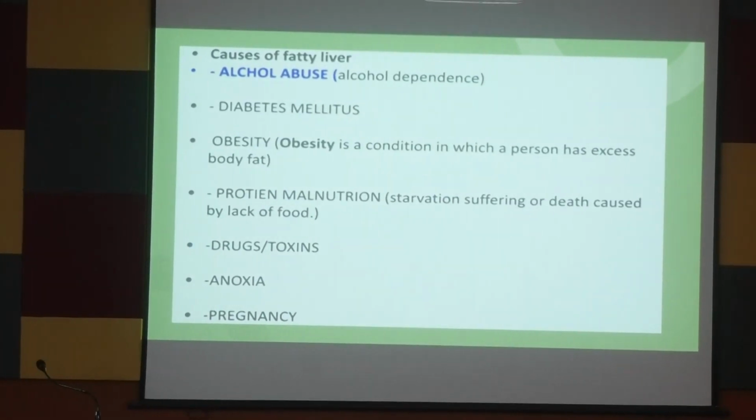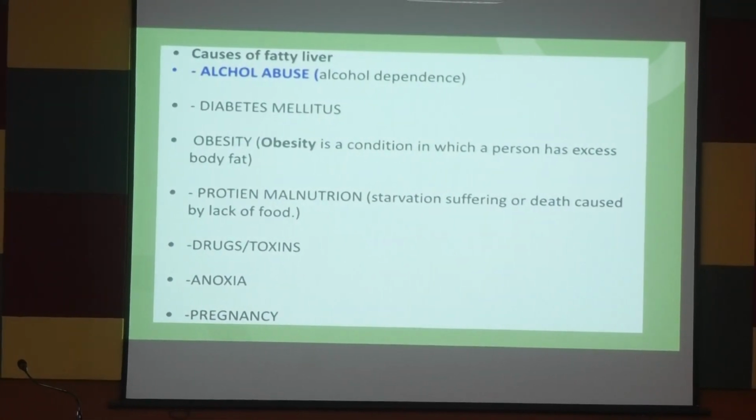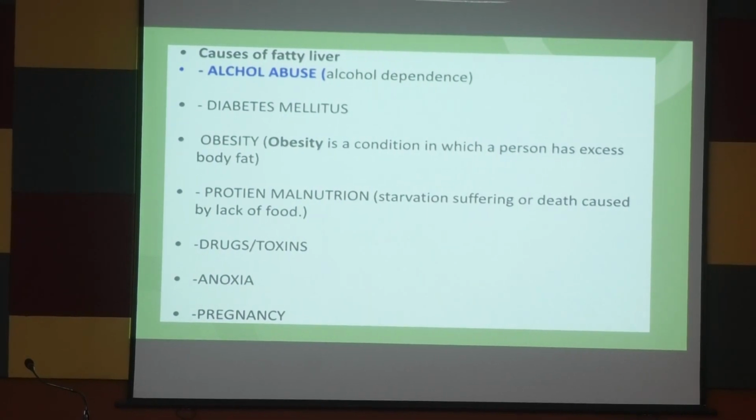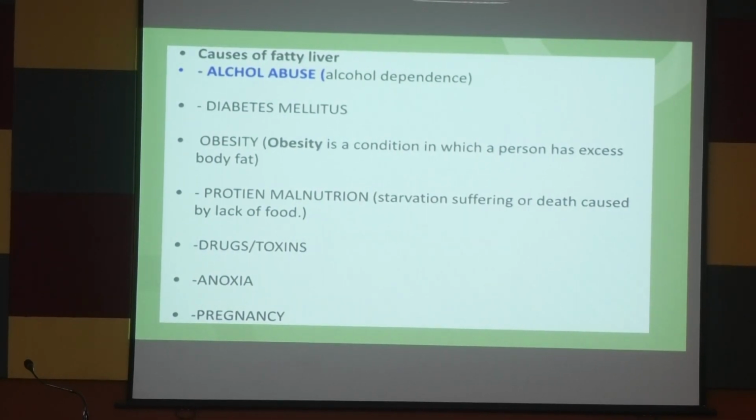Causes of fatty liver: chronic alcohol abuse, very dangerous. So if a person is chronically addicted to alcohol, he or she may eventually develop alcoholic fatty liver or alcoholic steatosis in subsequent time.